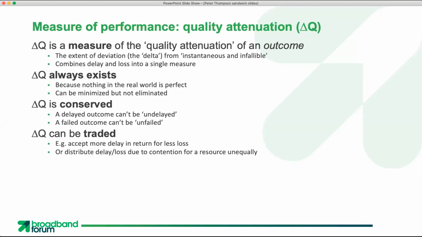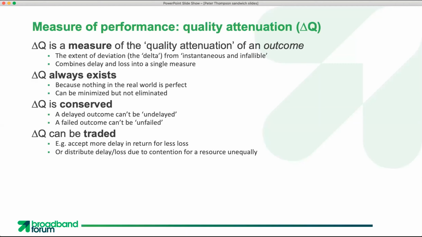There are ways to trade aspects of delta Q. So, for example, if we do something like a retry protocol, like in TCP, we're doing that in order to reduce loss. But the trade-off is that if we have to wait for something to be sent again, that will increase delay. Alternatively, we can use queuing and scheduling mechanisms to distribute loss and delay that occurs due to contention for a resource in an unequal way.